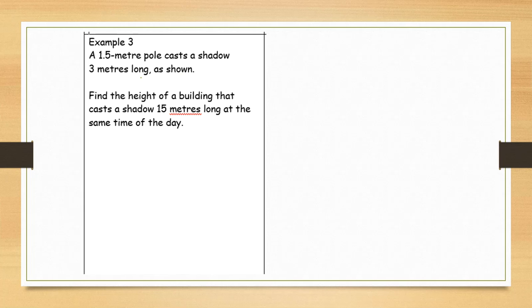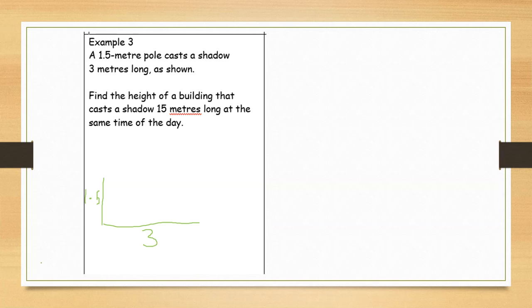Example 3, we can also solve similar problems to trigonometry. A 1.5 meter pole, so if we have a pole that is 1.5 meters tall, casts a shadow that's 3 meters long, find the height of a building that casts a shadow 15 meters long at the same time of day.